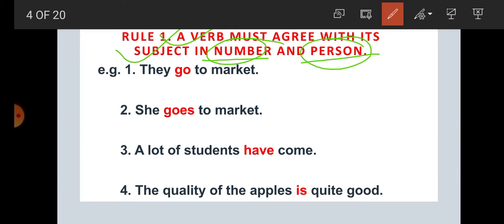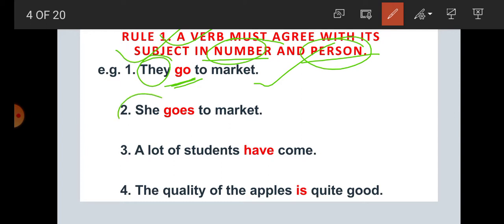Here what is the subject, student? They. They is which number? Plural number. Which person? Third person. So according to third person plural number, there must be go. Go is correct here, because go is a plural verb.